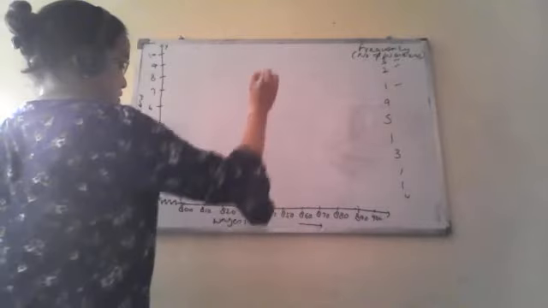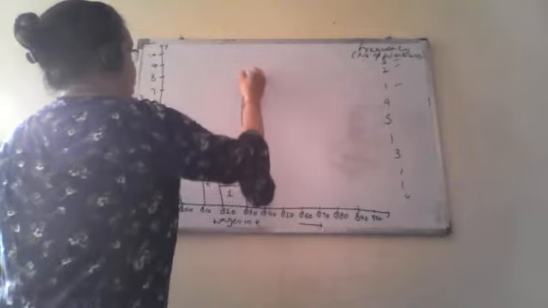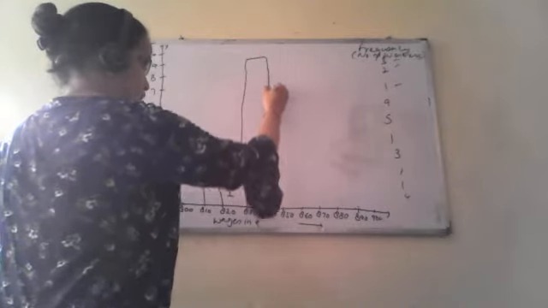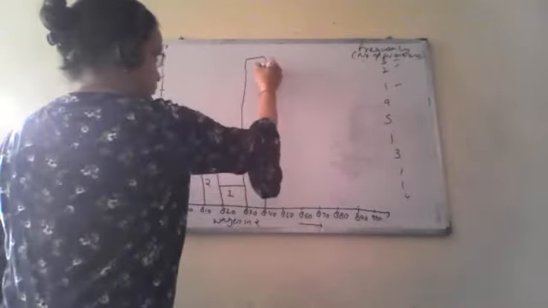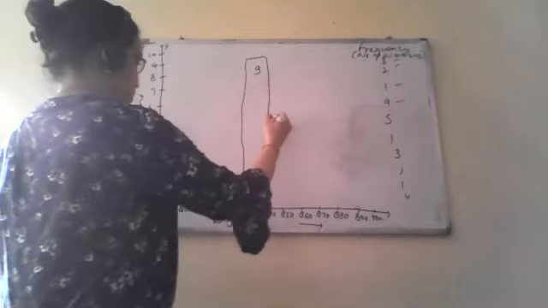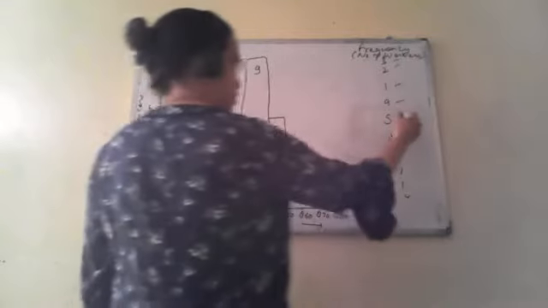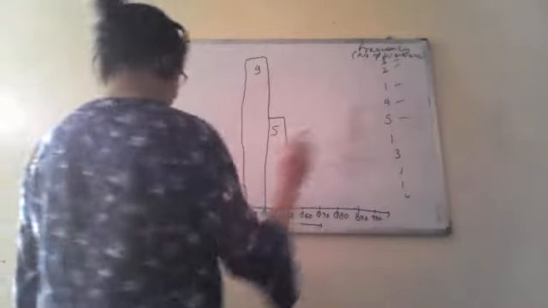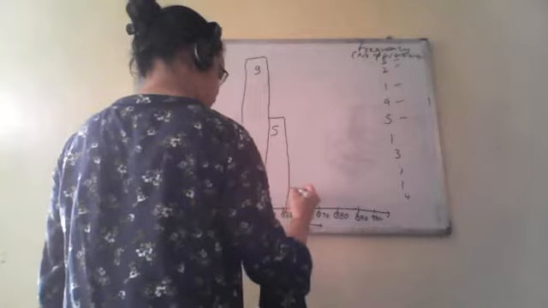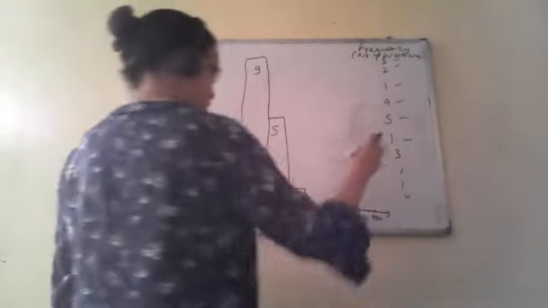For 830 to 840 we have 9 workers. For 840 to 850 we have 5 workers. And 850 to 860 we have 1. For 860 to 870 we have 3.